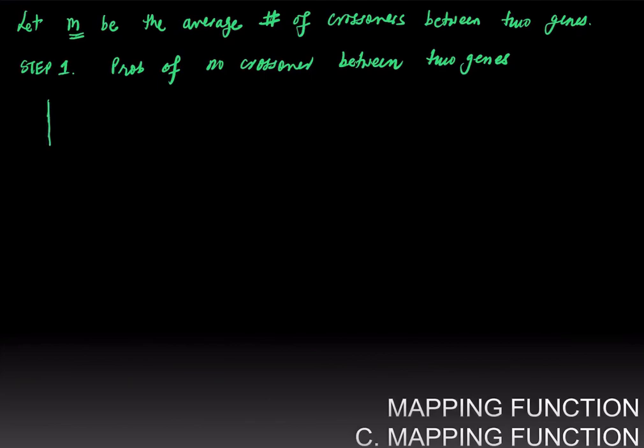So we can do this visually. Here I have a plot where on the x-axis I have m, the average number of crossovers, and on the y-axis I have the probability P of no crossover.